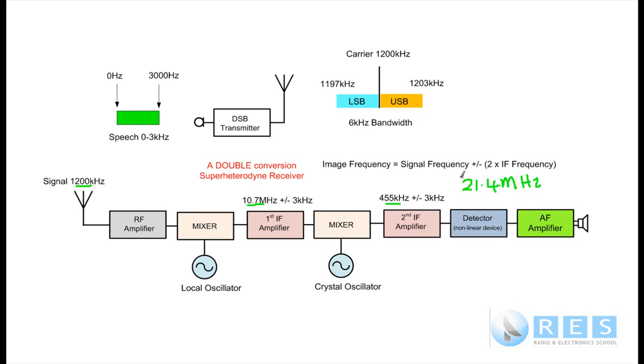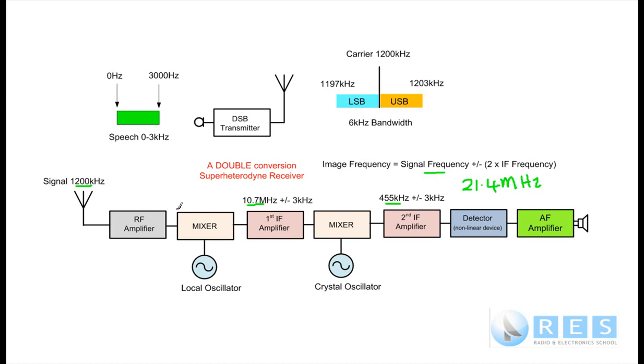And then you've got to add on the signal. So any image appearing here is going to be megahertz away, and the RF amplifier is not going to allow signals megahertz away from the desired signal to come through. So that eliminates the image problem.